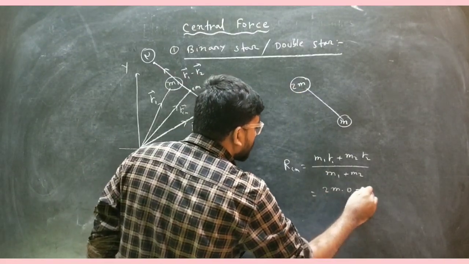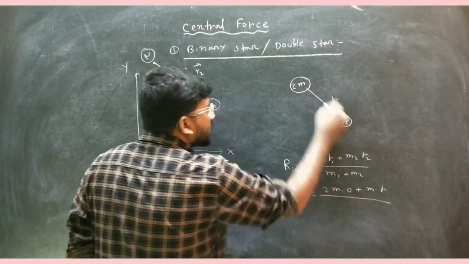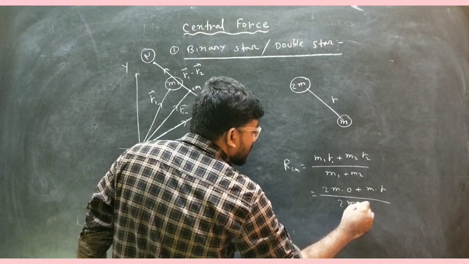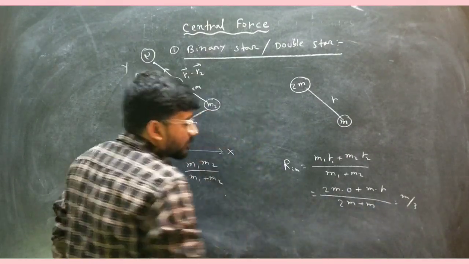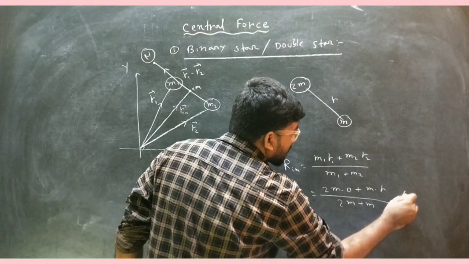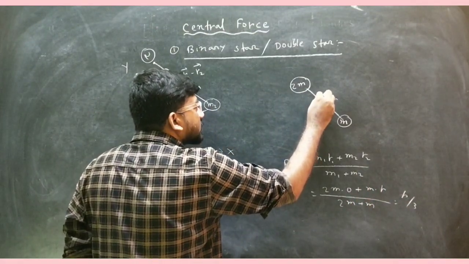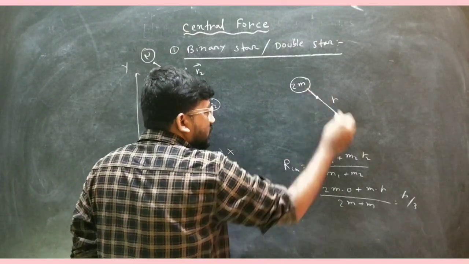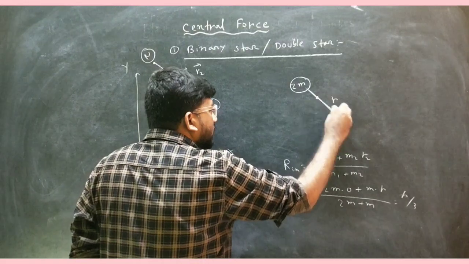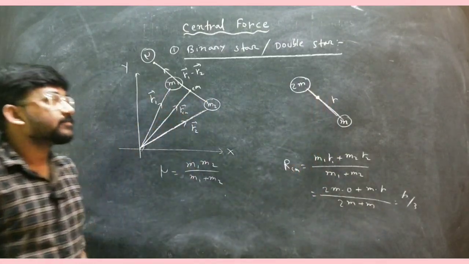So 2m into 0 plus m into r, as the distance of m from this point is r, divided by 2m plus m, so it will be just r by 3. So the position from here is r by 3, and the other distance is 2r by 3. So this is the position of the center of mass.